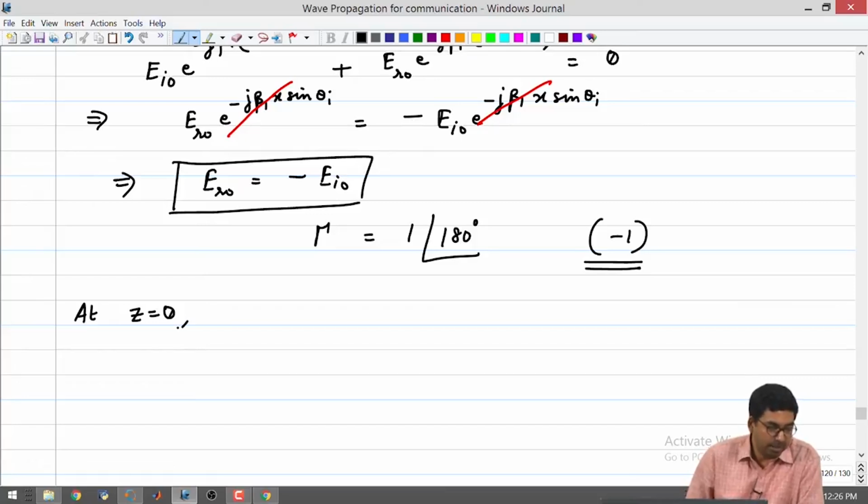I had that at z equal to 0, the normal components of the H field have to be added up, and that has to be equal to 0.